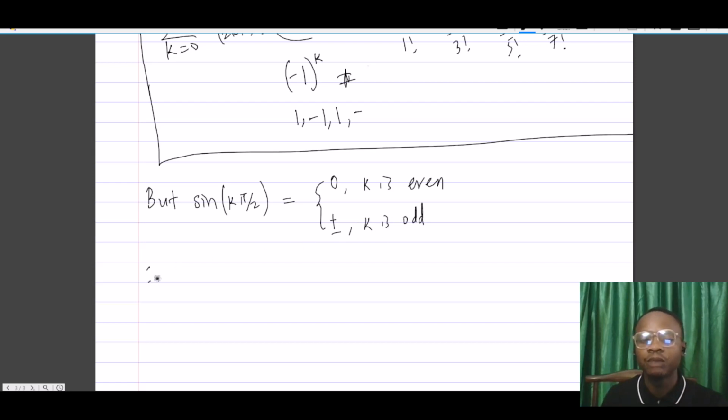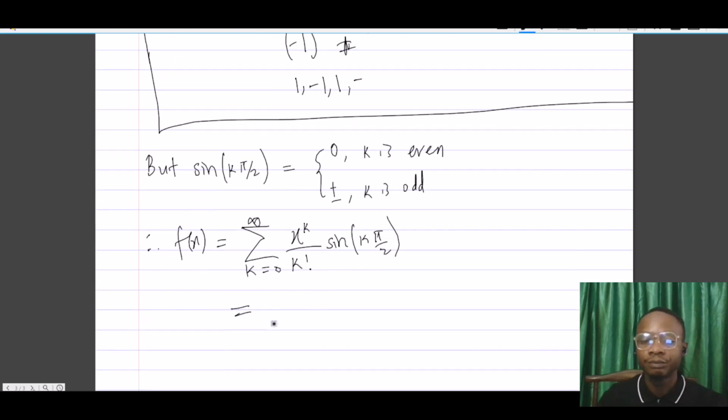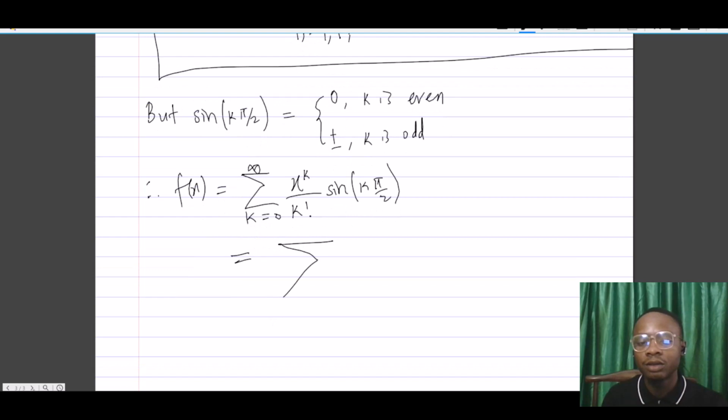So therefore, we can say that our f of x, which is equal to the summation from k equal to 0 to infinity of x to the power of k divided by k factorial multiplied by sine of k times pi over 2, would be equal to the summation, still going from k equal to 0 to infinity, but this time we'll have x to the power of 2k plus 1 divided by 2k plus 1 factorial.